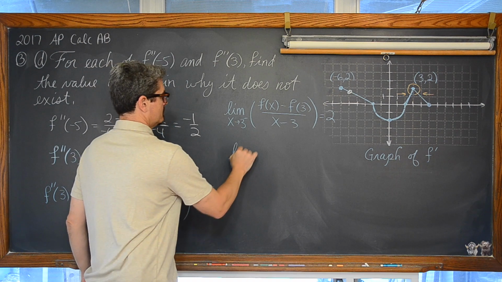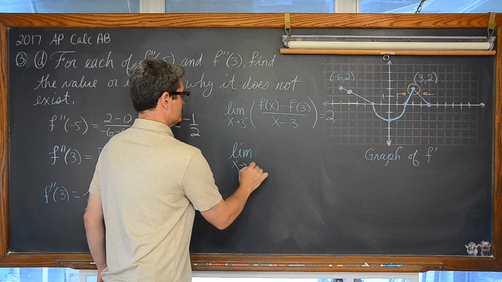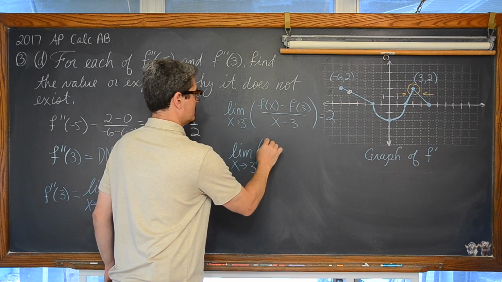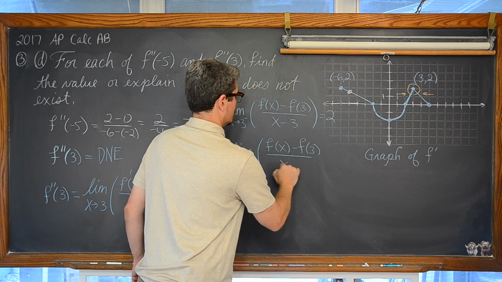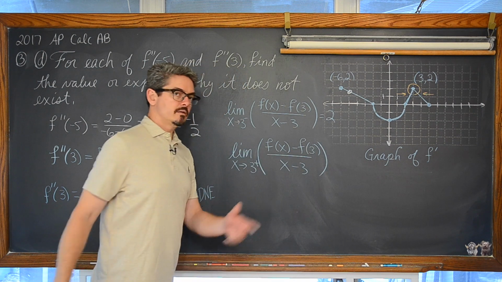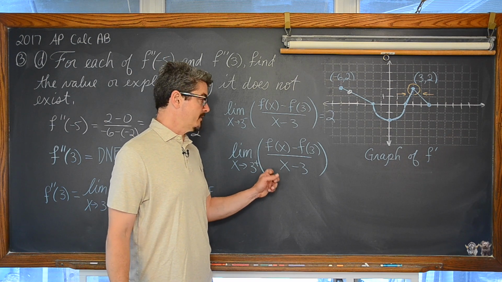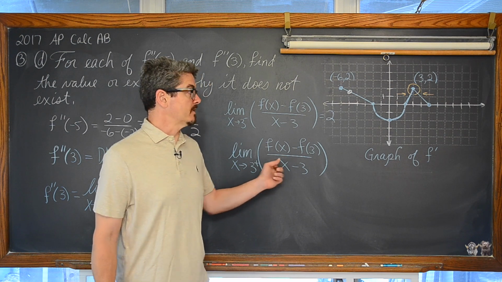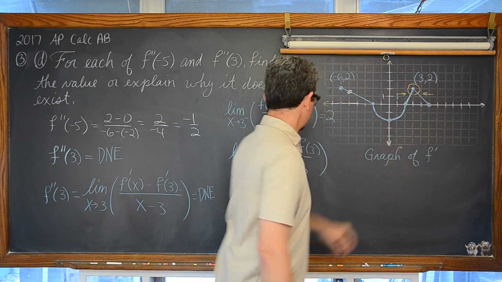And the limit as x approaches 3 from the right of f of x minus f of 3 over x minus 3, again, not necessarily have to do any work, just recognize that this is the alternative form for the definition of a derivative. To the right of 3, we have a slope which is equal to negative 1.